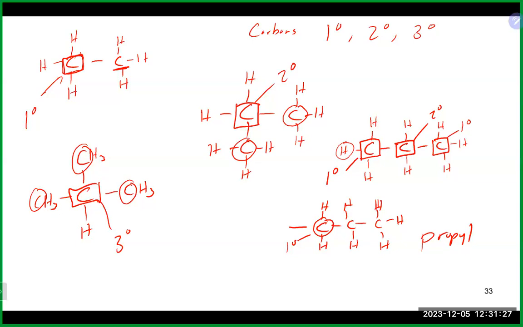It would basically be the exact same thing. You just turned it around. But if we decided to attach here to our center carbon, which is our secondary carbon, we will end up with a group that looks something like this. And the attachment is happening right here at our secondary carbon. And this group actually has a special name.